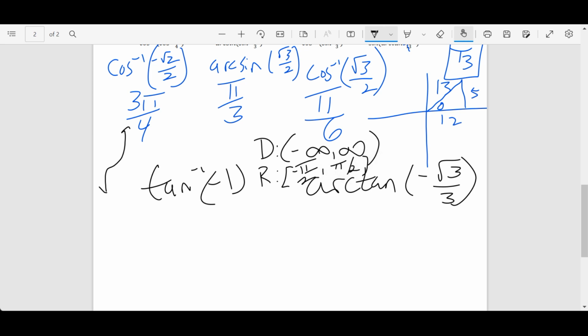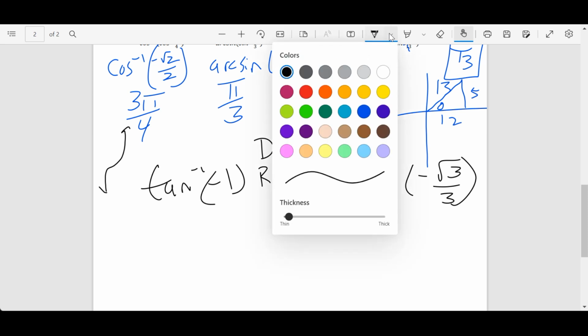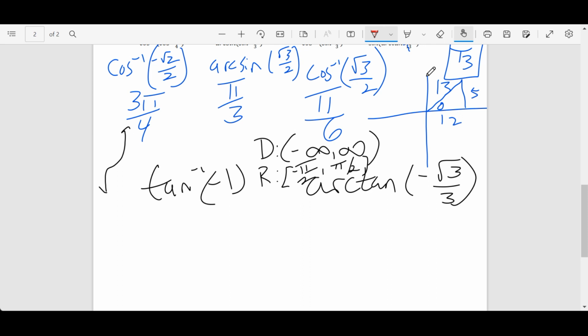Okay, so that means once again we're looking at the right side of your unit circle when looking at your answers. And remember, tangent's y over x. So where is y over x equal to these values in the unit circle? That's what you need to be thinking about. So the first one's a little bit easy because it's inverse tan of -1. Now, where is y over x equal to -1?